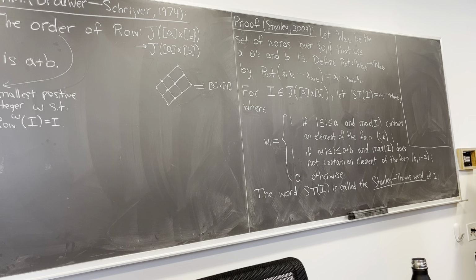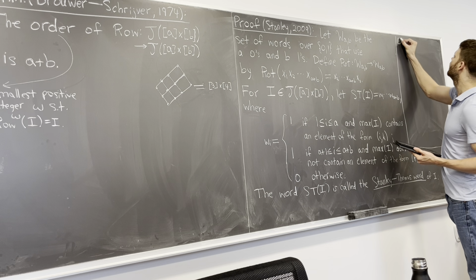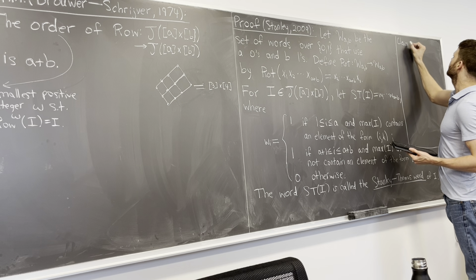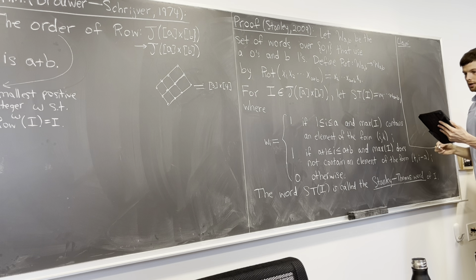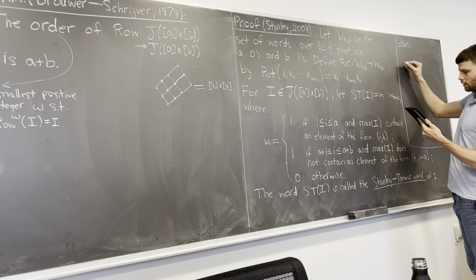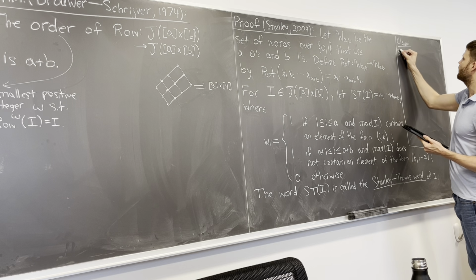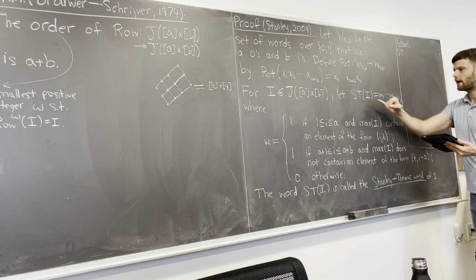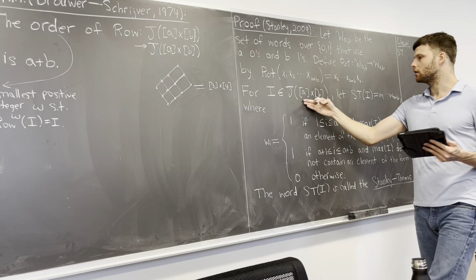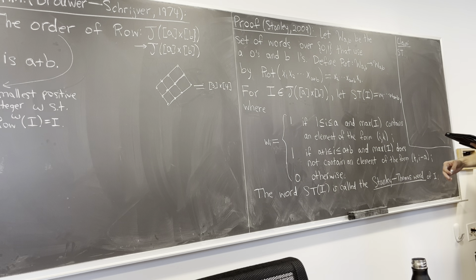Okay, so maybe I can fit the rest of the proof in this box. So the claim that I want to make is that this map, okay, so I have ST. Think of ST as a map that takes an order ideal and gives me a word.